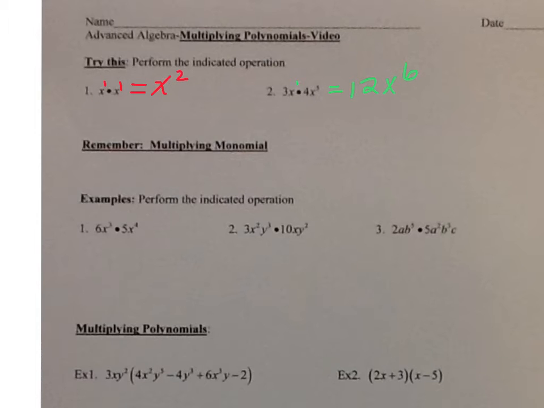So let's write down those rules. Remember, when we multiply monomials, we multiply the coefficients.